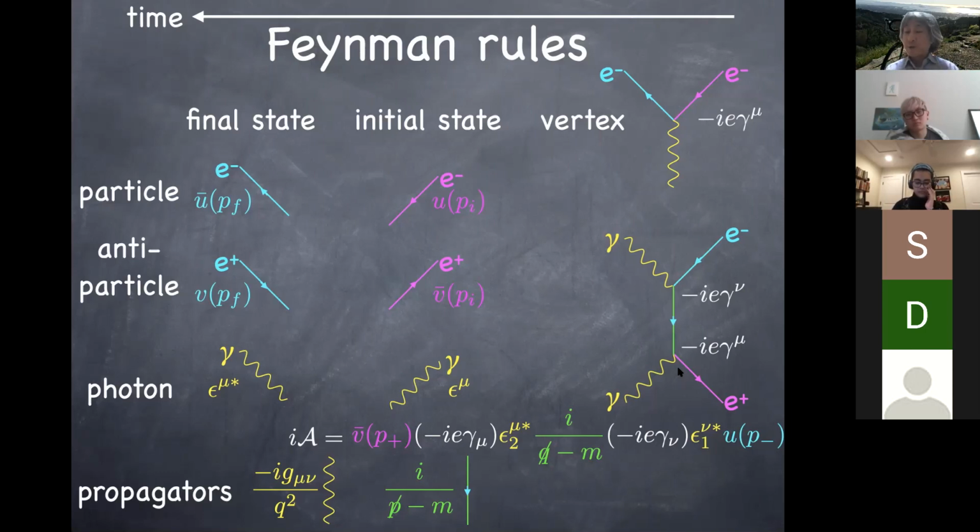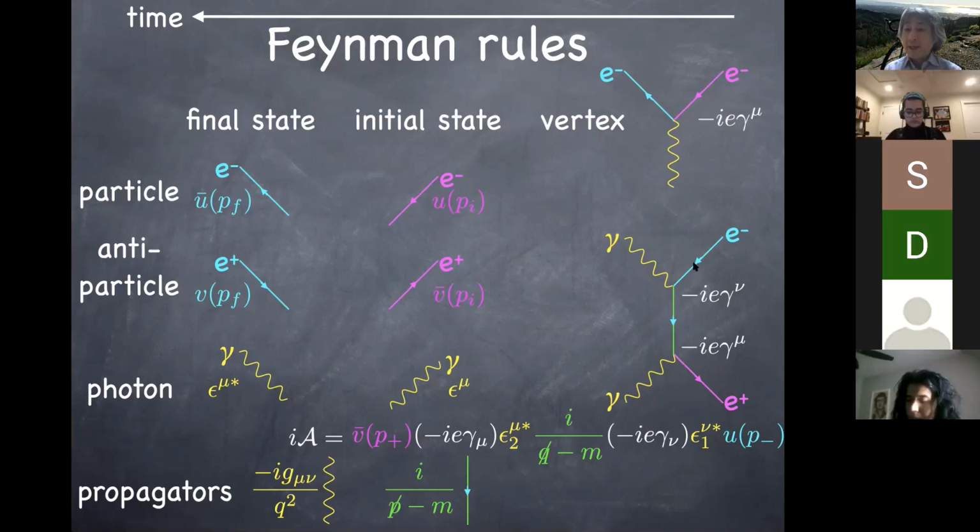They are clear for the external lines, but not for the internal lines, because of this business of time ordering. But it doesn't matter. You don't have to worry about it, because all you need are the consistent arrows, and you associate this propagator with every internal line in a consistent fashion. Okay, any questions about this?